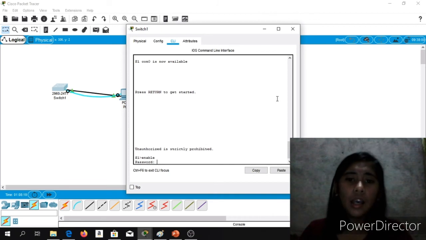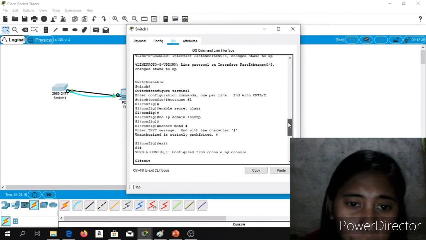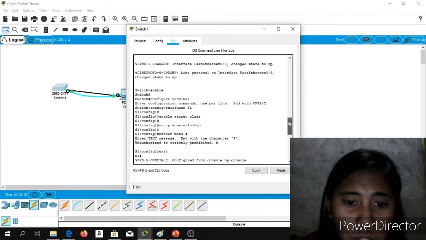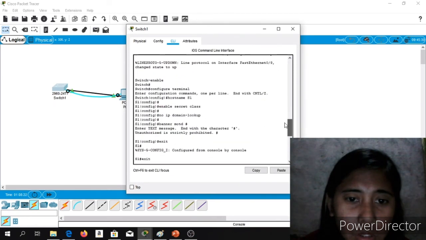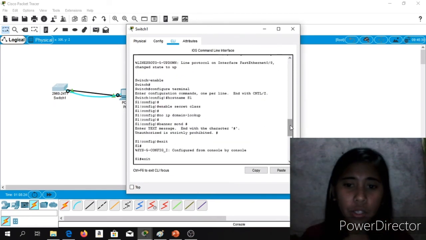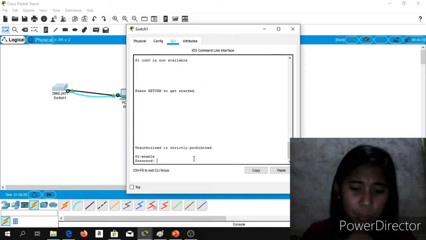The password that I inputted or encoded was class. So it means that we must encode class here, and that's invisible.